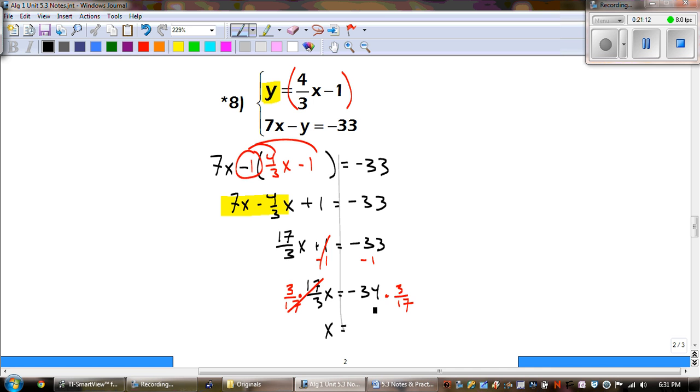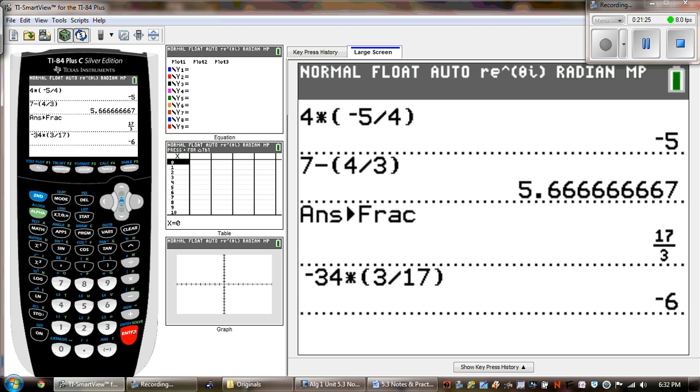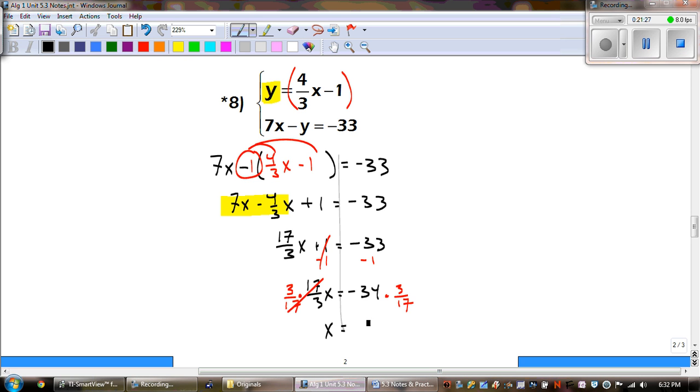And, well, I'm just going to use my calculator. So I have negative 34 times 3/17. And what do I get? Dun, dun, dun, dun. Negative 6. That wasn't that hard, was it?